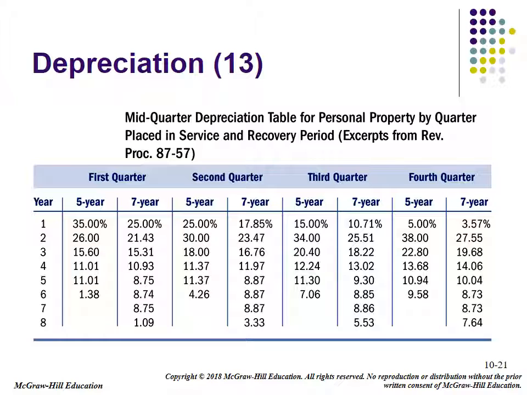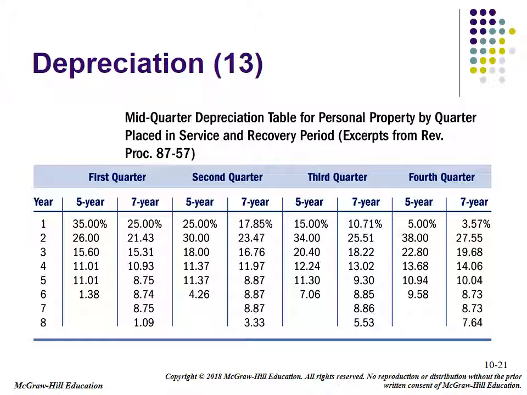You've got to use your column and your row, and where they intersect, that's the percentage you will use. So you can see for a 5-year asset, first year, 20% is the amount you use to calculate depreciation. So dump truck would be $40,000 times 20%, $8,000 of depreciation in year 1.